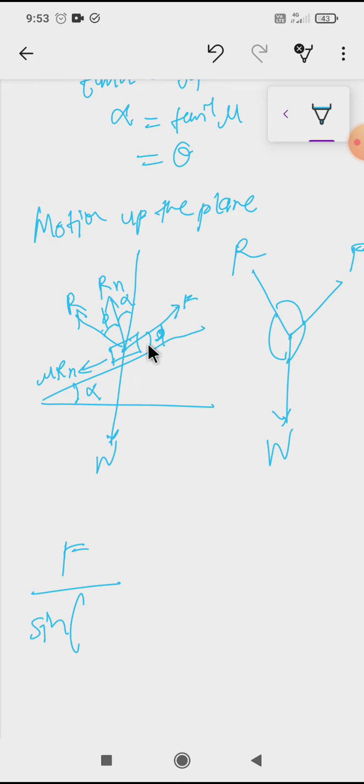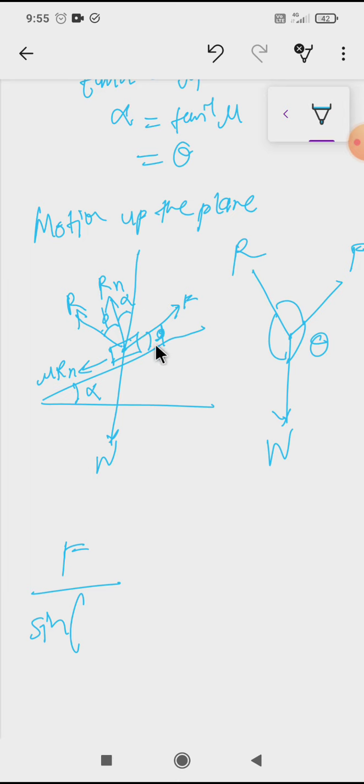Now what is the total angle here? First let's consider this angle, from F to W, as an angle theta.